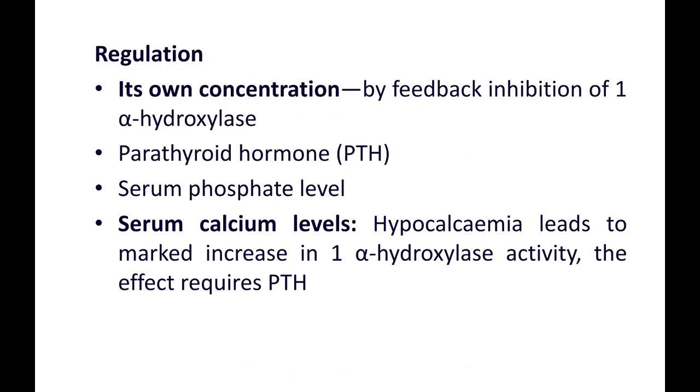Whenever calcium levels are decreased, that is hypocalcemia, there is a marked increase in 1 alpha hydroxylase activity, which requires parathyroid hormone, PTH, to increase the synthesis of vitamin D.